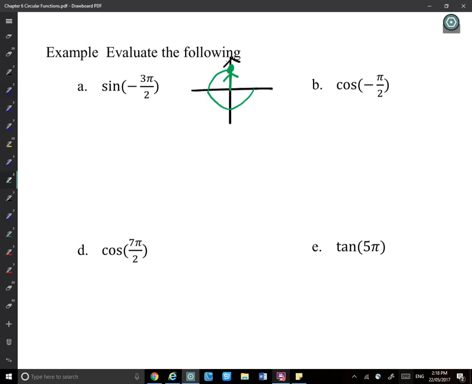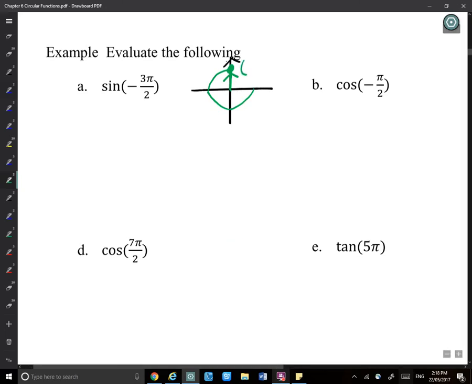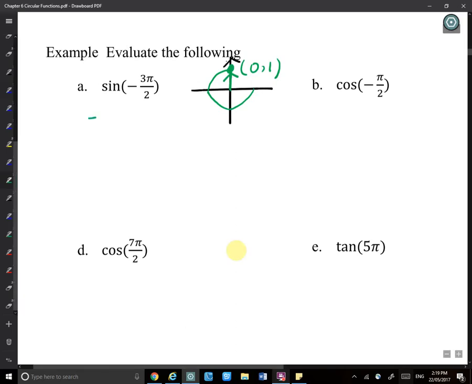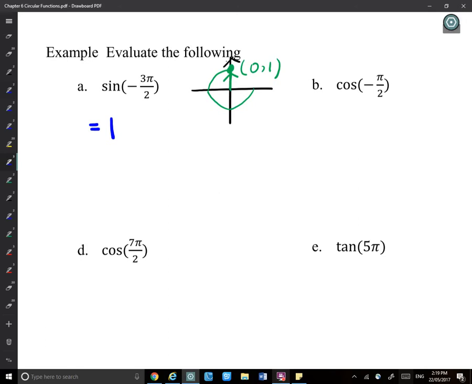So negative 3 pi over 2 is here. If that intersects with the unit circle, the coordinates will be 0, 1. Sine represents the y value, so that equals 1.